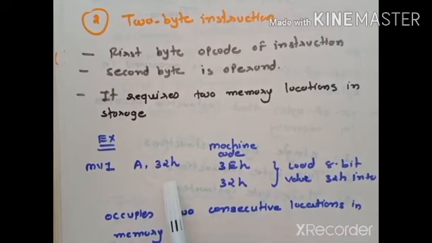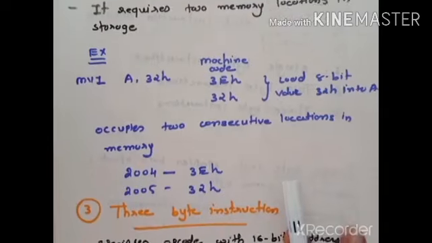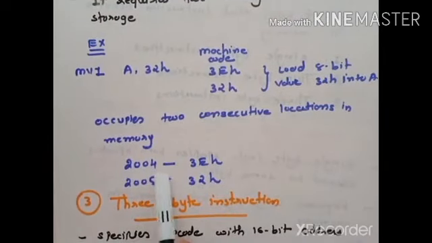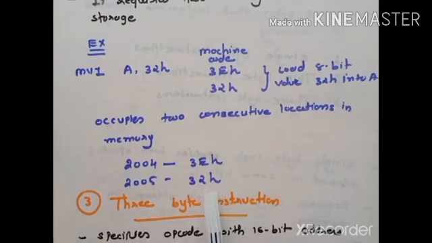This instruction occupies 2 consecutive memory locations. The first stores the hex code of MVI A, that is 3E, and the second stores 32H. Like, 2004 stores 3E, the hex code of MVI A, and 2005 stores 32H, that is the 8-bit data.